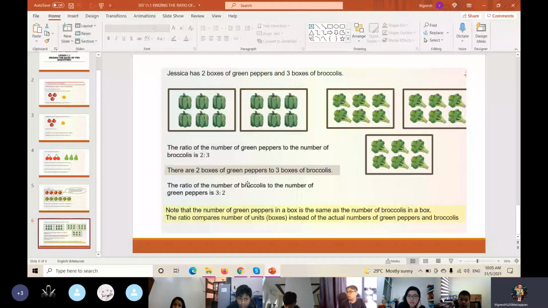Teacher, I said 3. Wrong, Fiona. That's why I'm asking you the correct answer. The answer should be in ratio. Ratio of the number of green peppers to the number of broccolis.